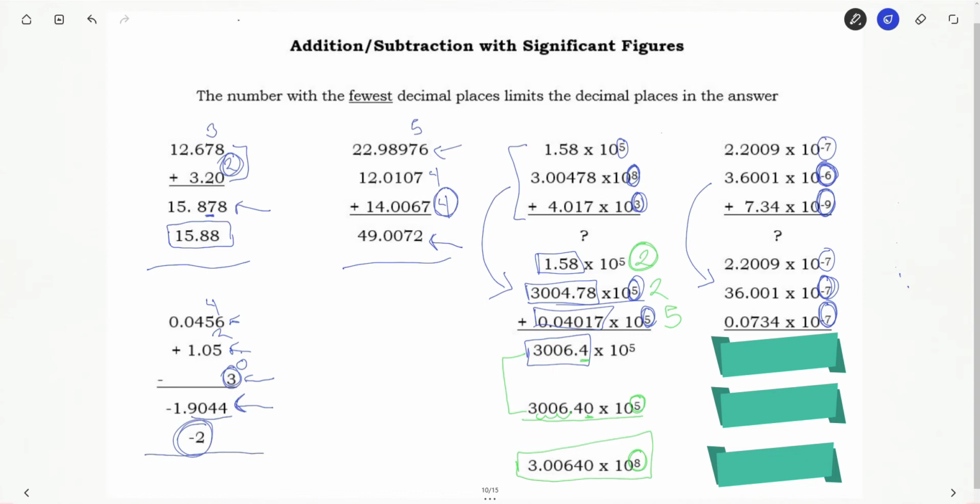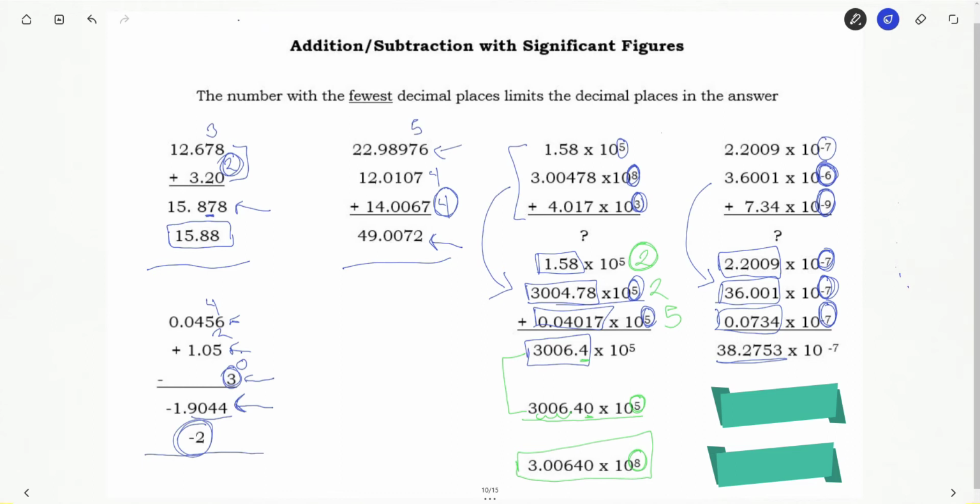Again, the only thing that's important is that for your first step, all of your exponents for scientific notation are the same. All right, so I've got them all in the same exponent for scientific notation. Now is when I simply take the first part, plug that into my calculator, and add them up. And this is what my calculator gives me.